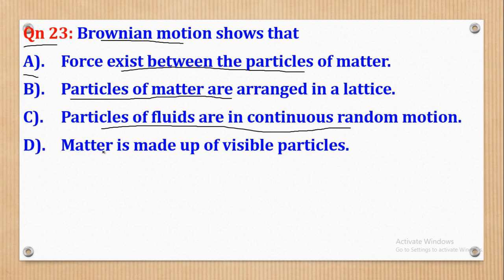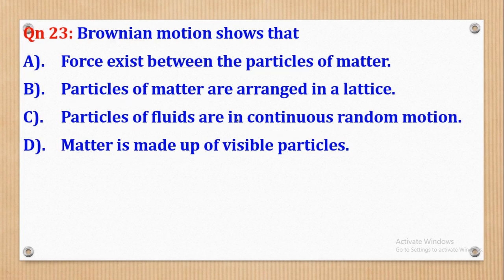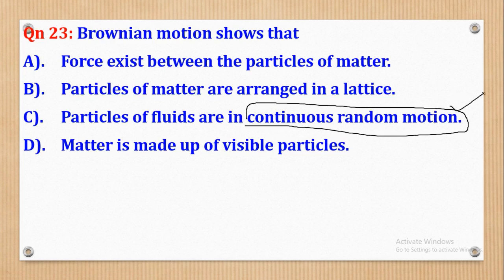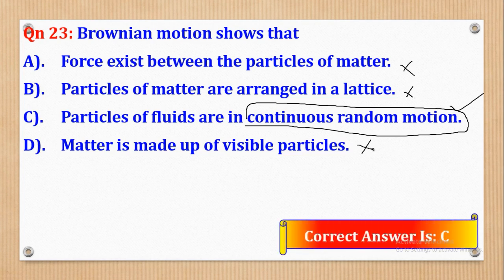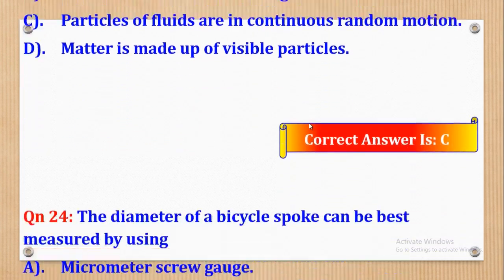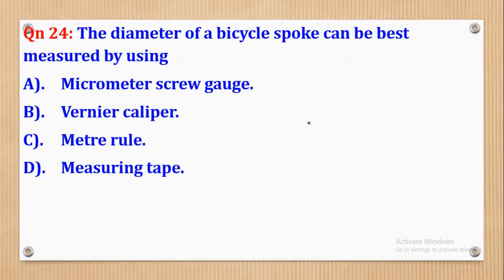Option D, matter is made up of visible particles. So this word here is what will help us to know the correct option. This is the correct option, and the others are not okay. Therefore, we conclude that the answer is C. So that was question 23.